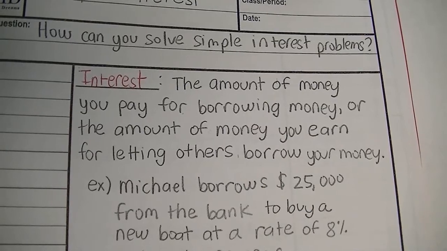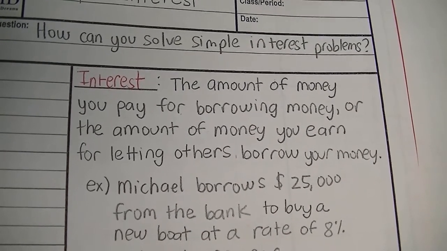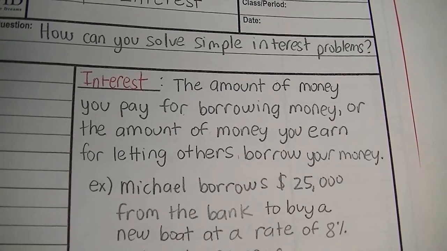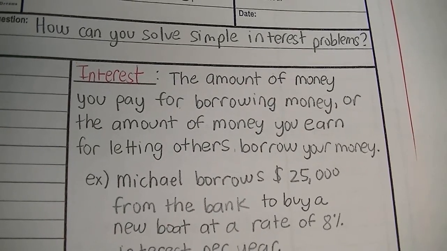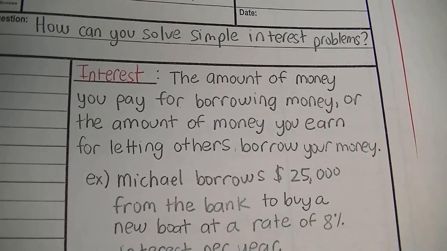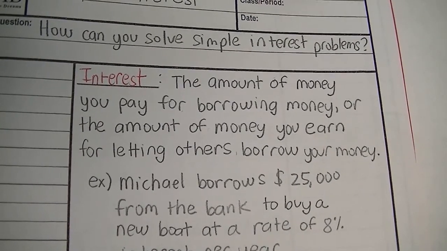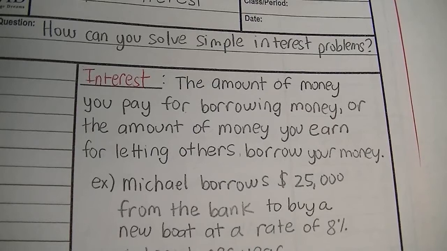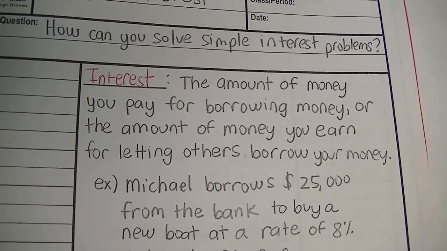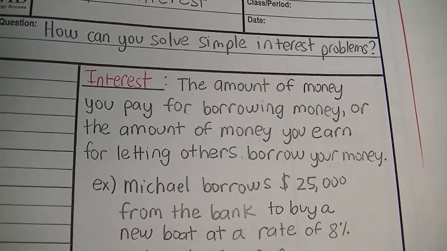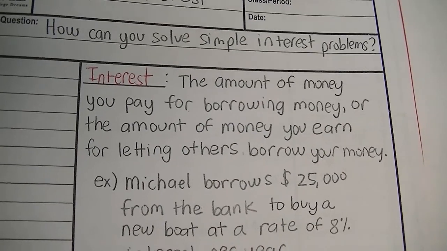In that loan, they'll say, here you go, you can have this $15,000 to buy that car, but for the length of time it's going to take you to pay us, the bank, back, we're going to charge you interest. So just because you borrow $15,000 from a bank doesn't mean you're going to pay them back just $15,000, because they're going to charge you some interest, so you're going to pay them back a little bit more for them giving you that money up front, okay? So there's two ways to look at interest: when you borrow money and when you let others borrow your money.